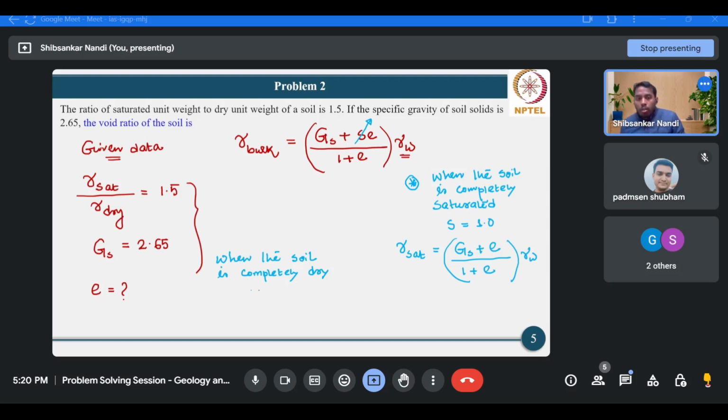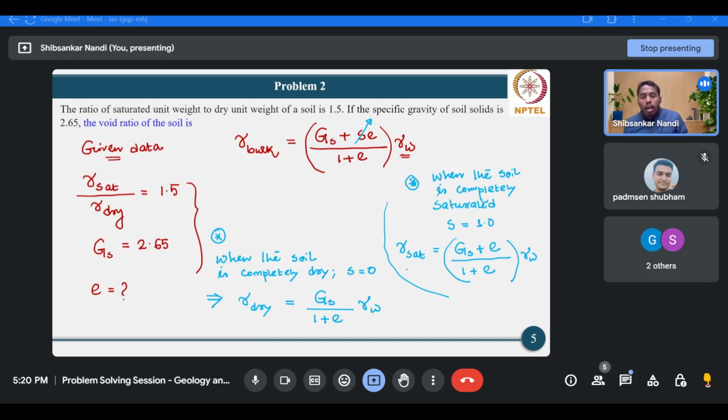So condition 2 represents S equals 0. That means for gamma dry, the second component vanishes from this equation, leaving only GS divided by (1 plus e) into gamma W.